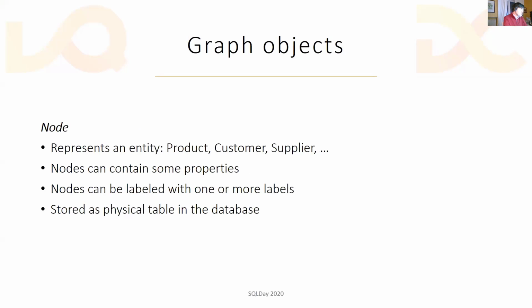When we talk about nodes, we are talking about products, customers, vendors, whatever you can think about as an entity, something that is described and that describes something in your data model. And nodes are tables, stored as physical tables in the database.